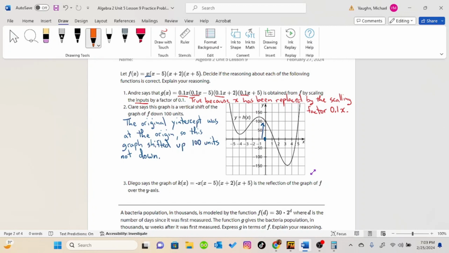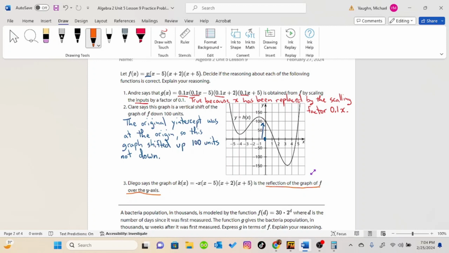And number 3, Diego says the graph of k of x equals negative x times x minus 5 times x plus 2 times x plus 5 is the reflection of the graph of f over the y-axis. A reflection of the graph over the y-axis means that we flip it sideways.